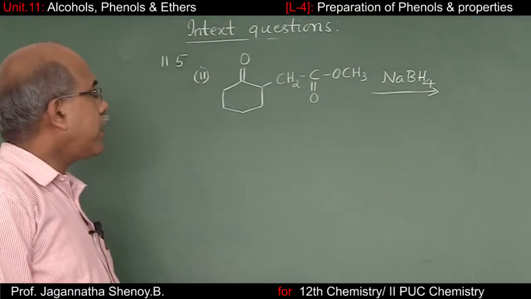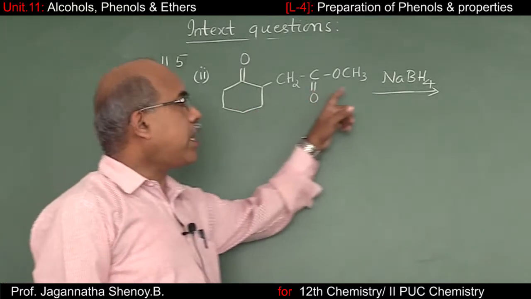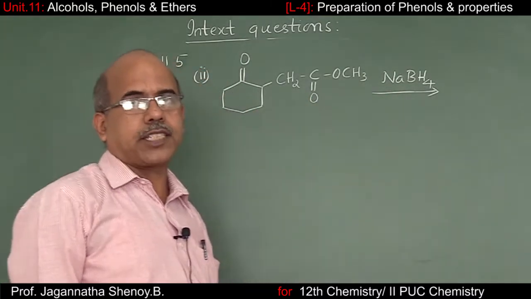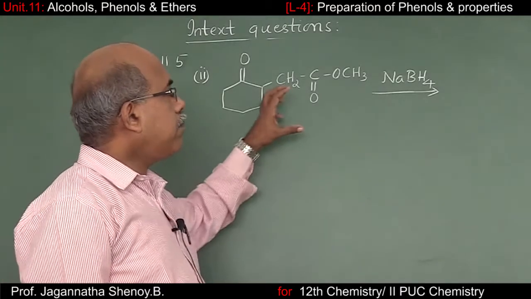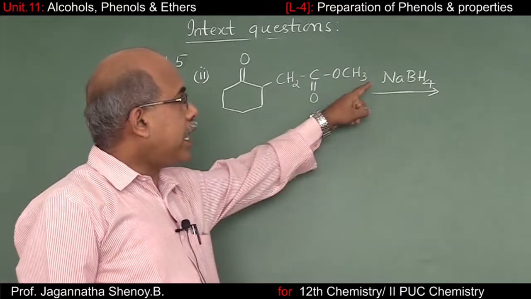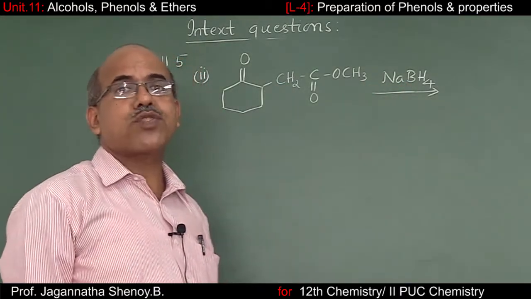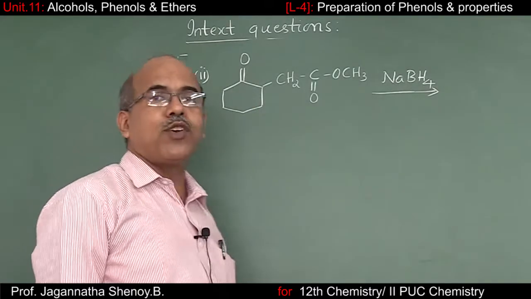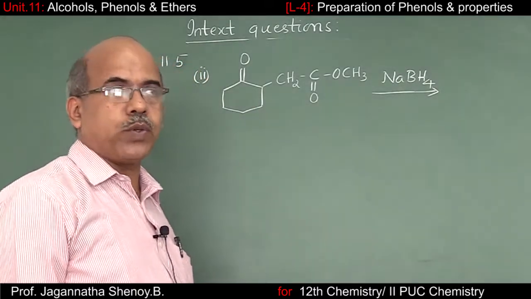The next important question is, they have given the reactants and you have to predict the product in the reaction. This is a very important question because the reducing agent used is sodium borohydride. And just look at the functional groups present in the substrate molecule.